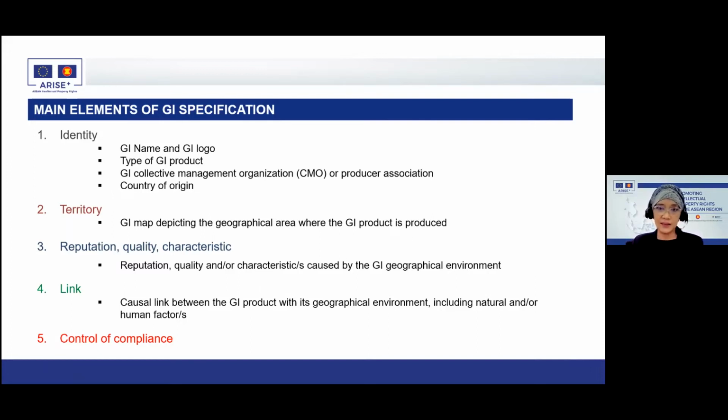The link is the reason why the GI is worth protecting. So we have to establish the causal link between the GI product and its geographical environment, but we can't make the natural and human factors cumulative factors or optional factors.